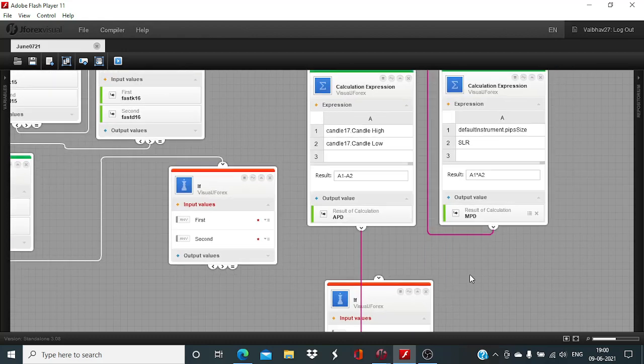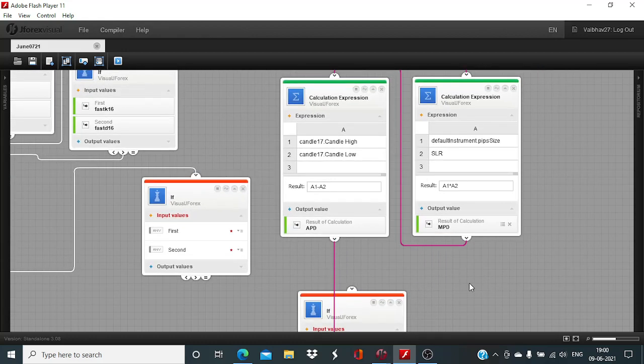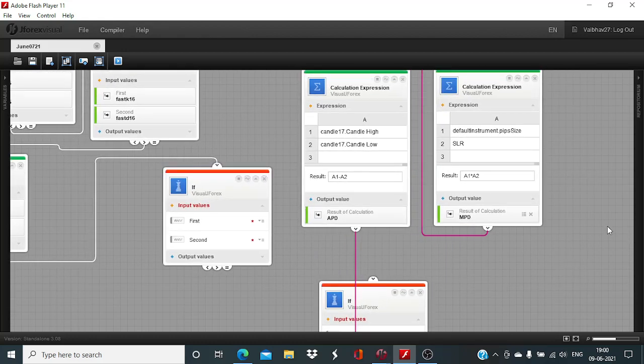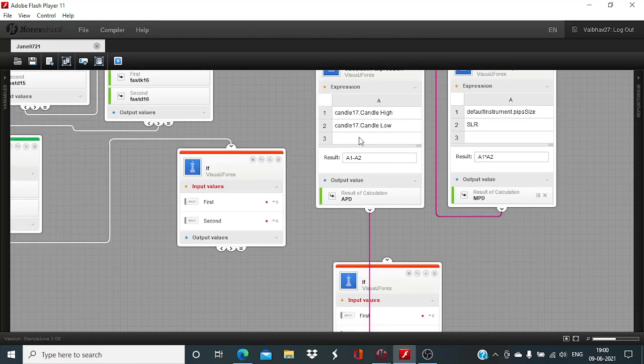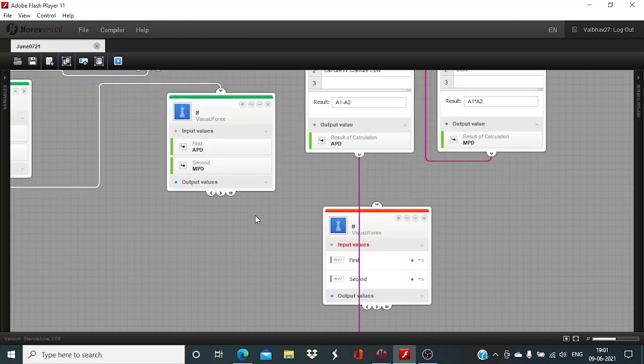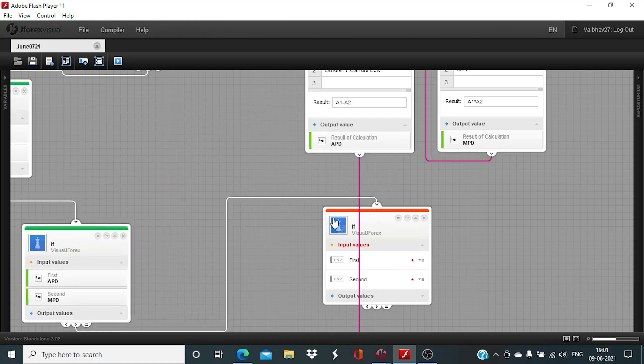And then there is a price action. The difference between the high and the low should be more than 30 pips. So APD needs to be greater than minimum price difference. First input greater than second input. All right.